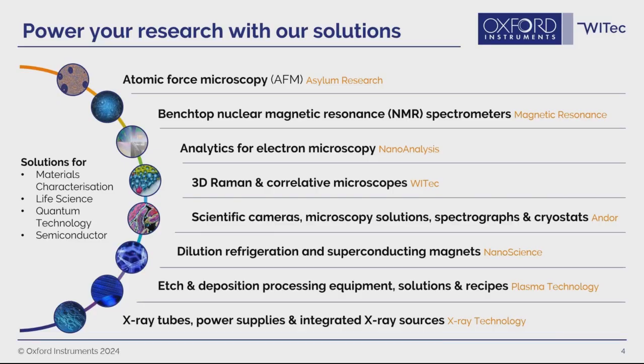As our portfolio covers a wide range of material processing and characterization, we can benefit from synergies between the different business units. For example, there is a strong cooperation between Plasma Technology, which provides the material processing, and VTech for advanced metrology and material characterization.